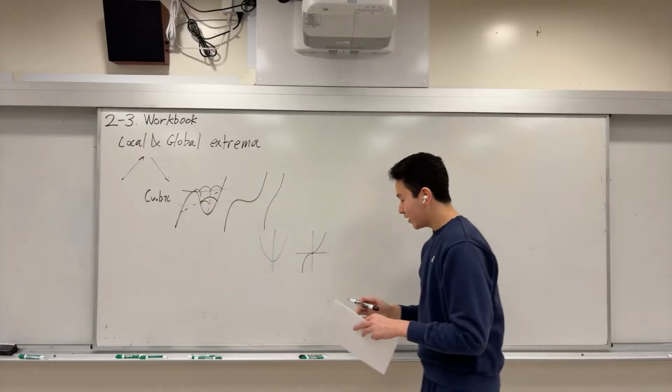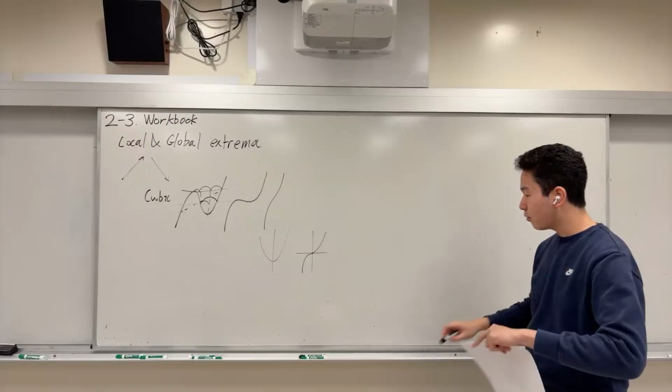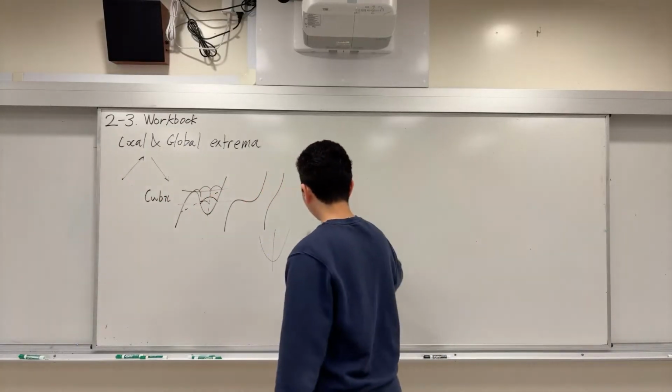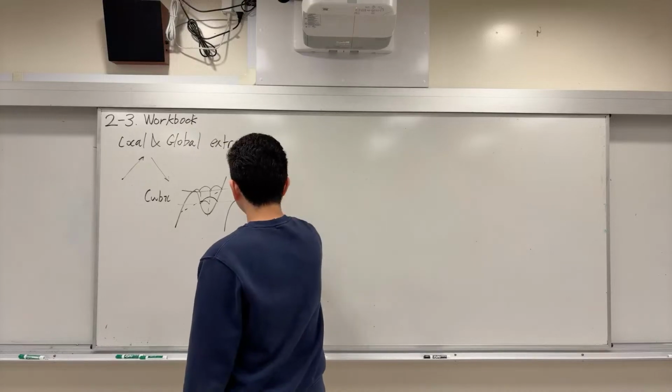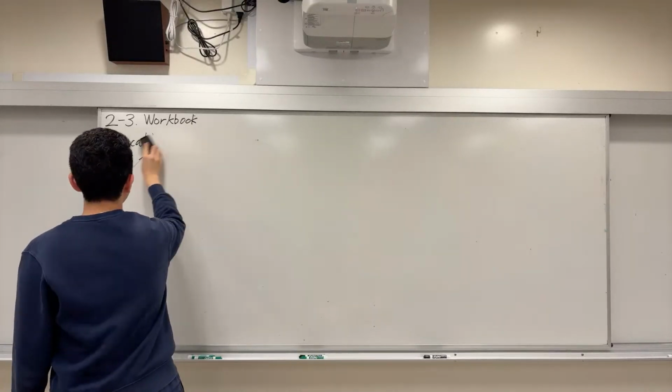So we did cover a lot. The first thing that I want to do for this lesson is to go over some actual problems in the workbook, and then as time permits, we might go into quartic functions today.